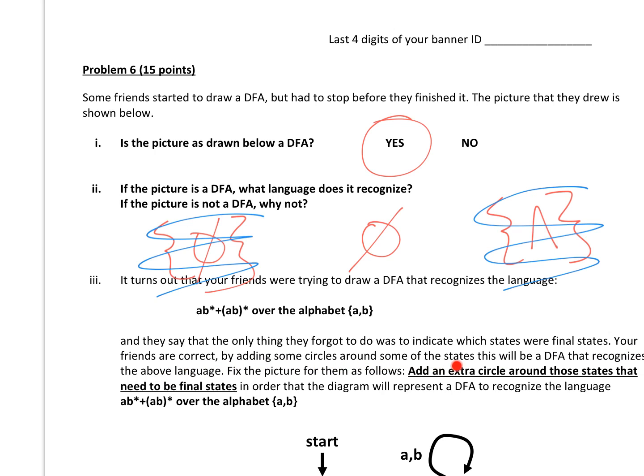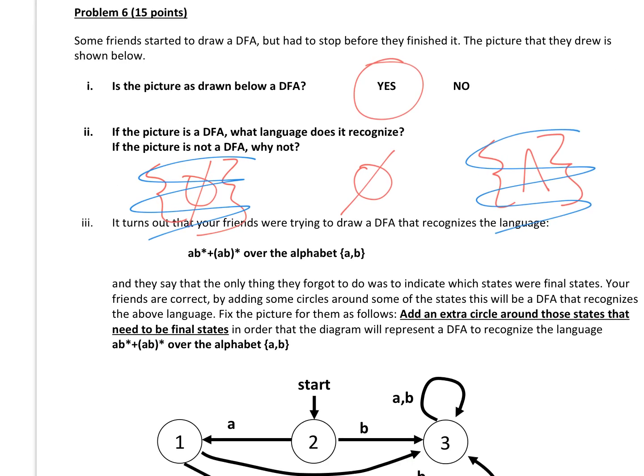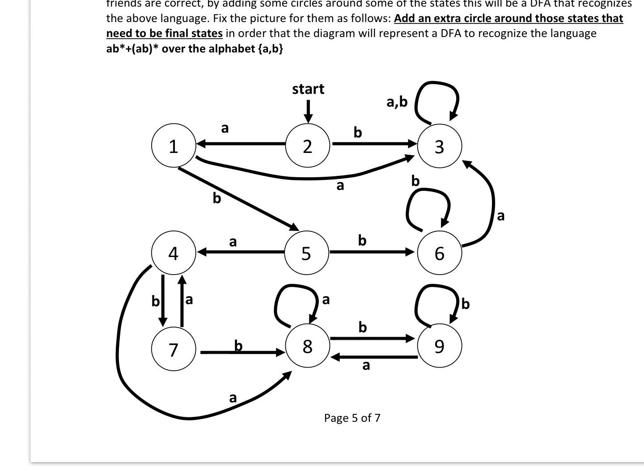By adding some circles around some of the states, this will be a DFA that recognizes the above language. And I say fix the picture for them as follows. Add an extra circle around those states that need to be final states in order that the diagram will represent a DFA to recognize the language AB star plus (AB) star over the alphabet AB. You say that out loud and it doesn't make sense, or it's not clear, right?